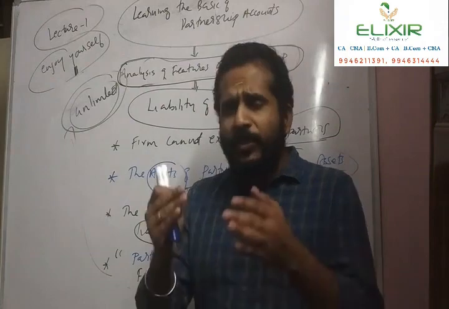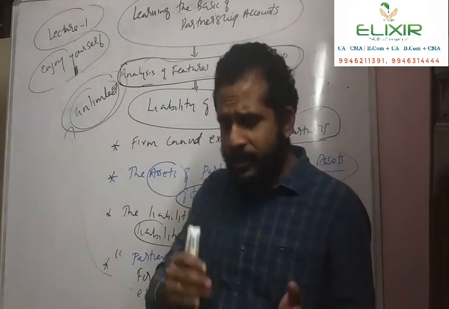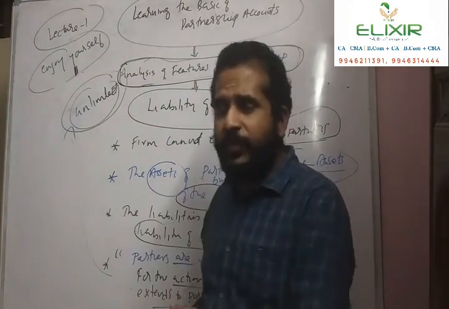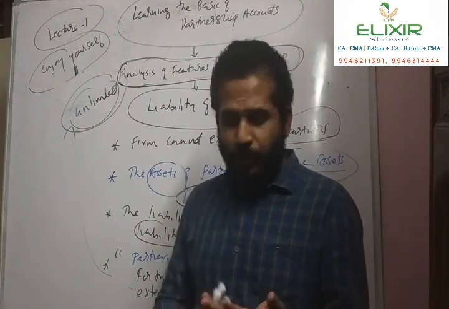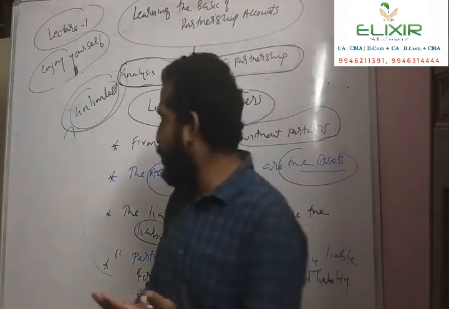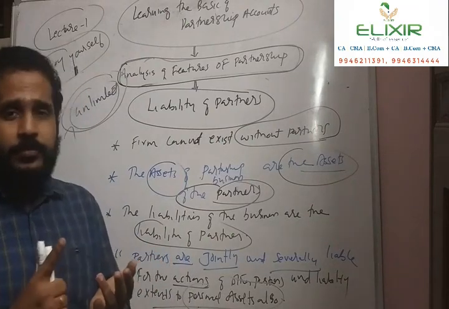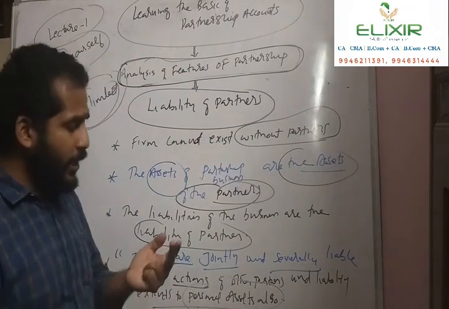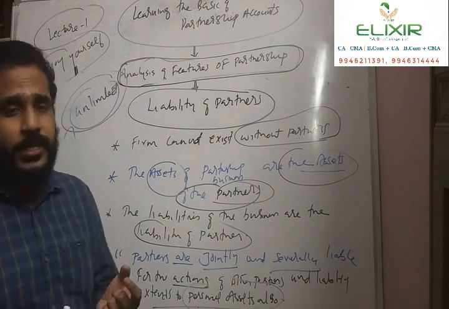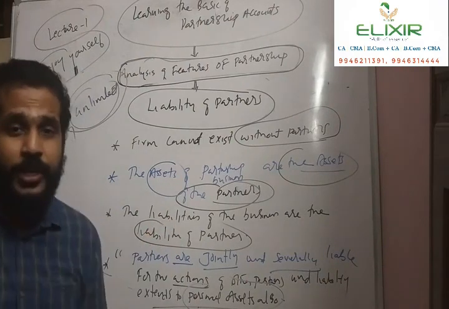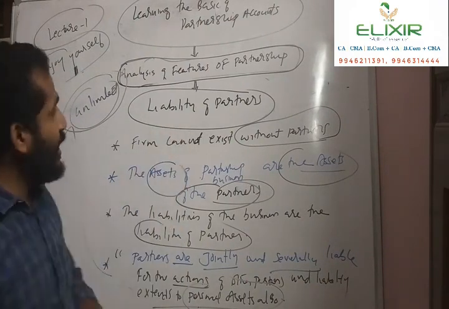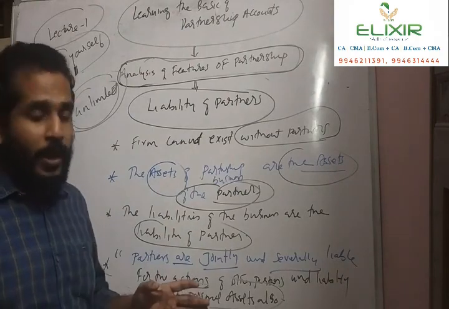Once again I am repeating, we started the features. The first feature is the number of persons, then the existence of agreement, then the concept of business, then the concept of profit sharing, the concept of mutual agency, and finally the liability of partners.